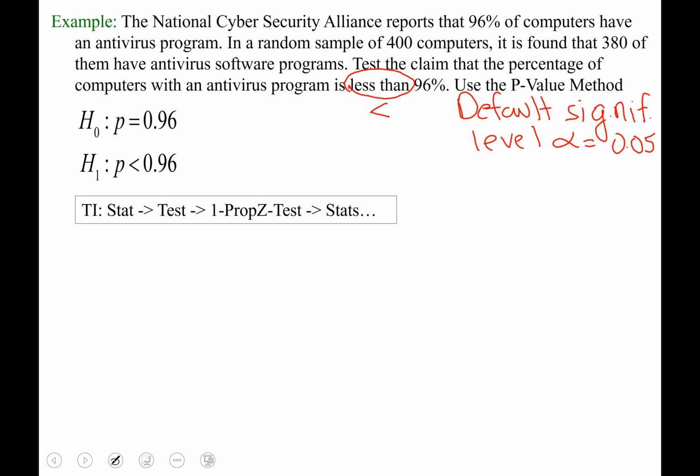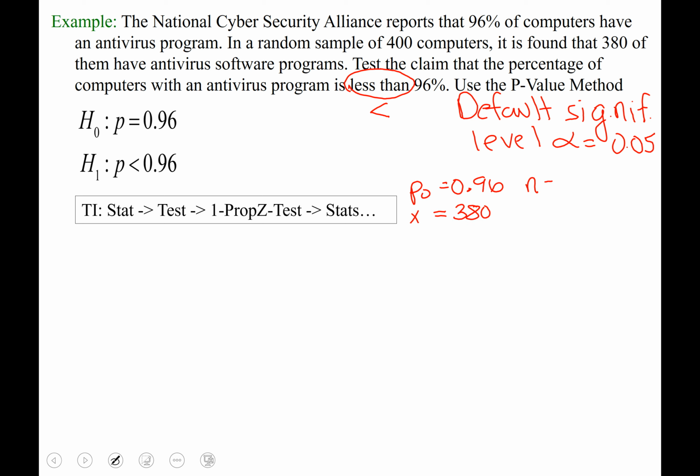P sub naught is 0.96. X represents the number of successes. Let me write these on here for you. X represents your number of successes, which successes in this case would be computers that have the antivirus software program, so 380.